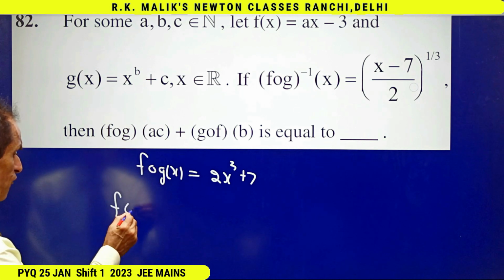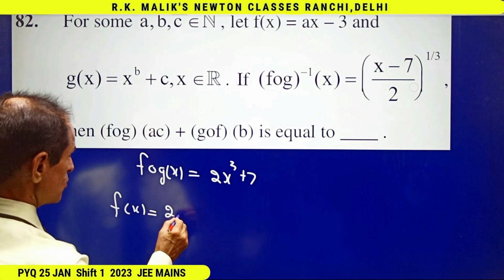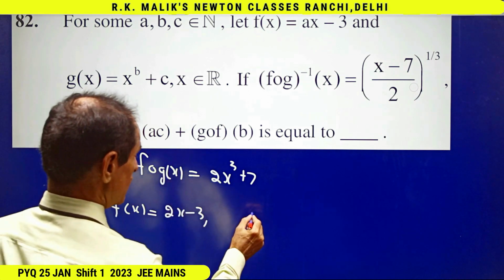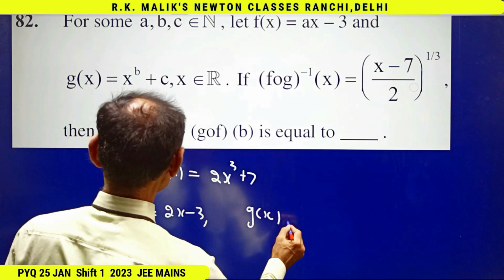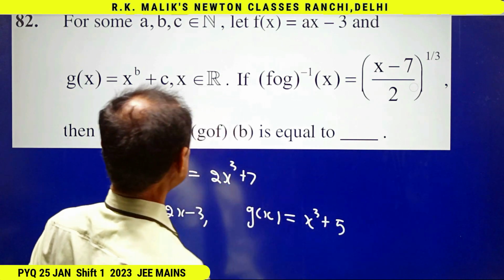Now using that, f(x) is equal to 2x minus 3 and g(x) equal to x cube plus 5.